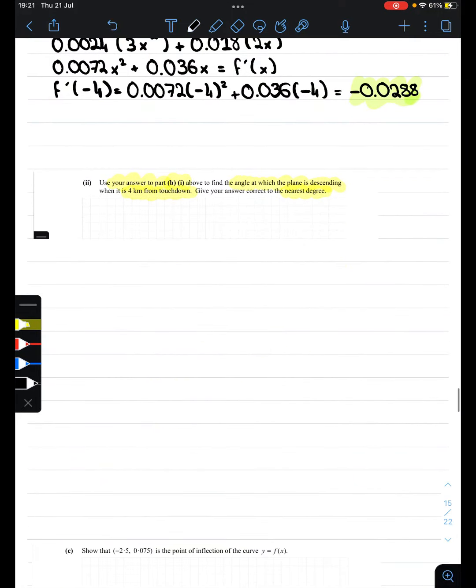We know that the slope at 4 kilometers from touchdown is the rise over the run.